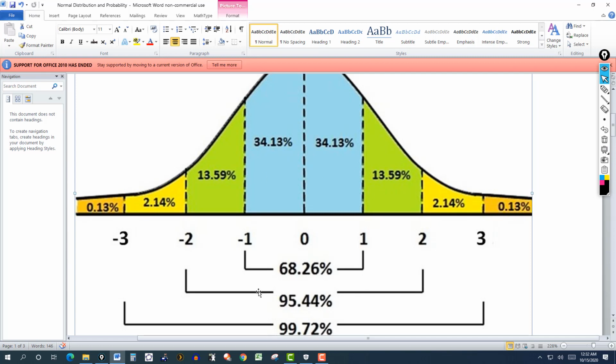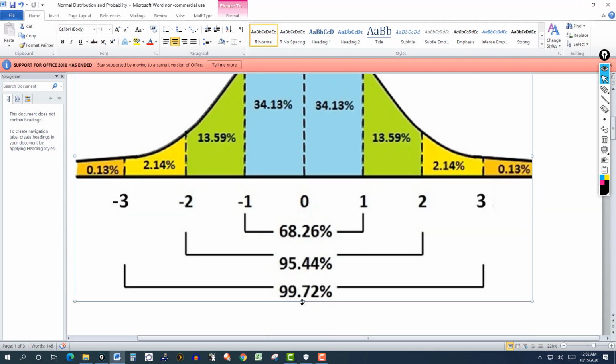So if you add those up, you get 95.44%, or probability would be 0.9544 or 0.95 rounded to two places. Okay, what's the probability that a randomly selected person from that distribution scores within 3 standard deviations? So from -3 to 3, that would be all this area, all this probability, and you can see it's 99.72.